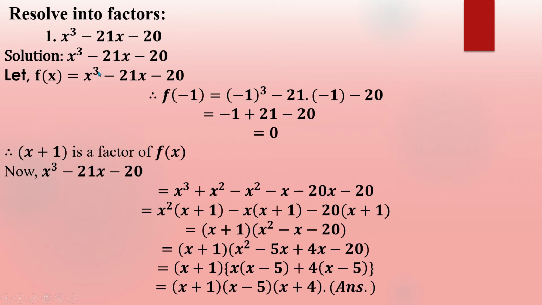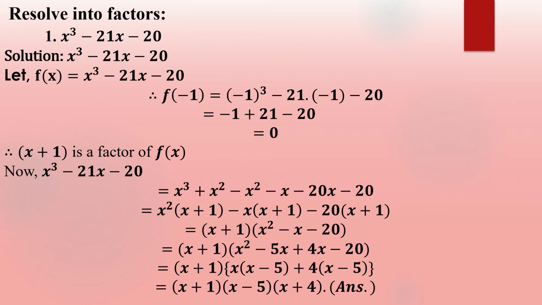Okay, here is the solution. The given condition is x cube minus 21x minus 20. For this type of math, at first let f of x, the function of the variable x, be equal to x cube minus 21x minus 20.